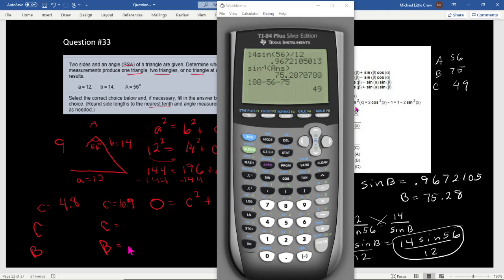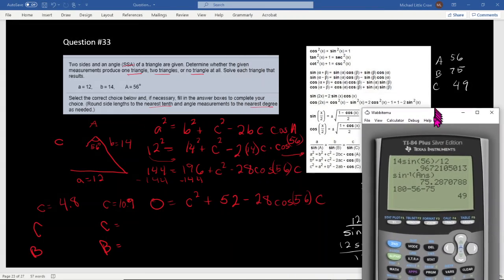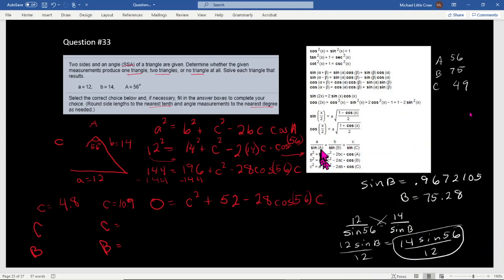So, to see which one it goes with, we can take another one, maybe C with 49, and see which one of them works. My guess, C is 49, this is 75.